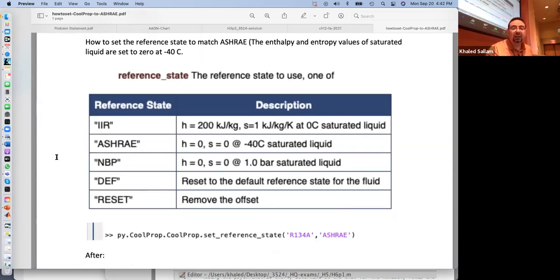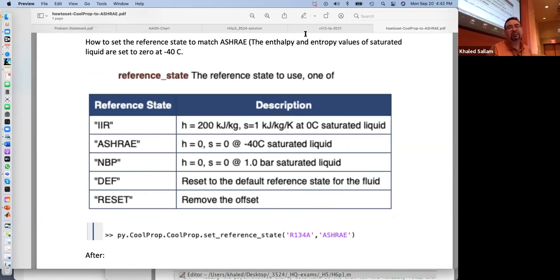So they tell you, see here, those people put it 0 at 1 bar, those put it at minus 40, those people put it at 0 degrees C. Saturated liquid, those are all where they start counting. But again, the difference is always the same for all those things.